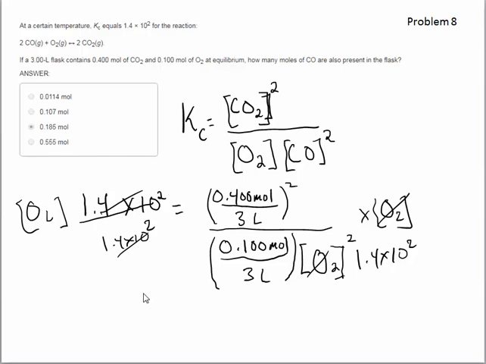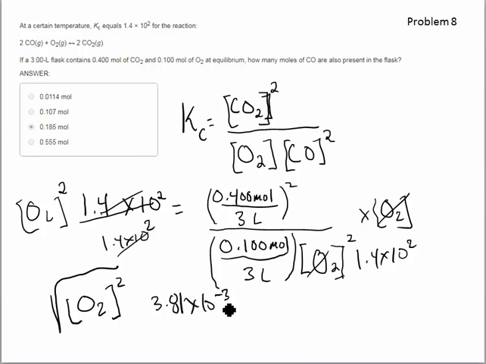So we're going to solve for this, which is O2 squared there, by the way. So we're going to do all this arithmetic, and that's going to give us O2 concentration squared. So we're going to have to take the square root of that. The value that I got was 3.81 times 10 to the minus third.